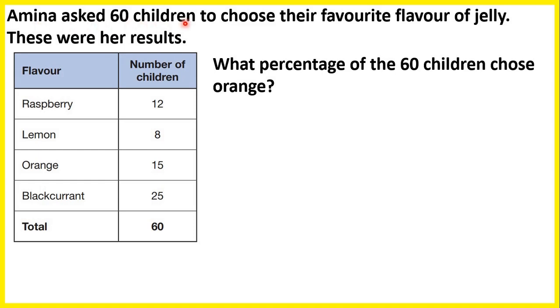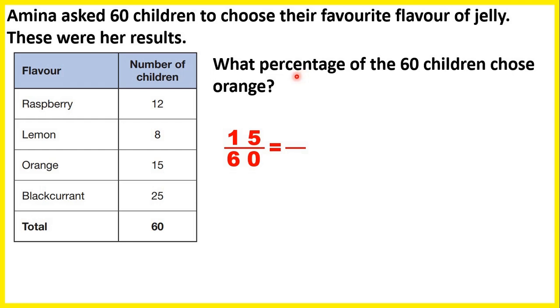Amina asked 60 children to choose their favourite flavour of jelly. These were her results. What percentage of the 60 children chose orange? So we can see that 15 children of the 60 children chose orange, so we can write that as a fraction. 15 out of 60, we can write 15 over 60.